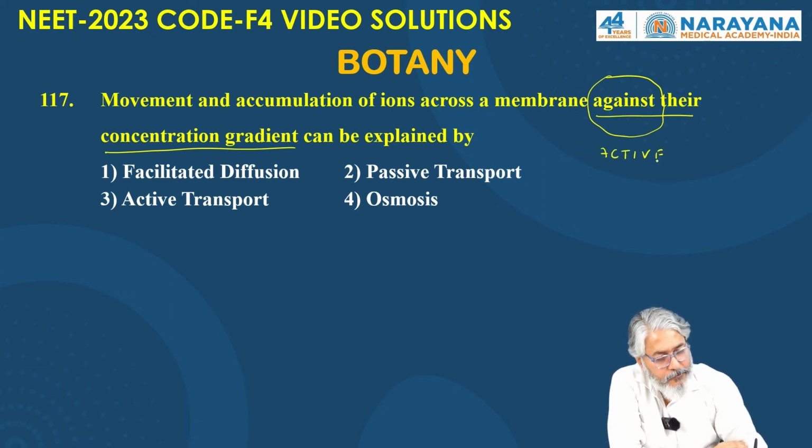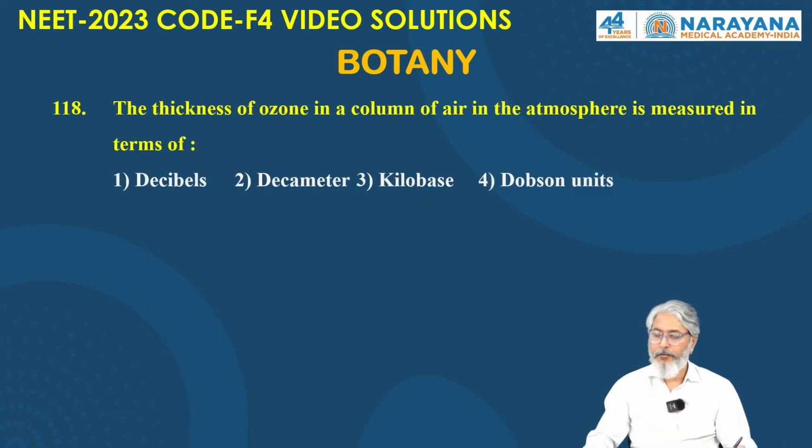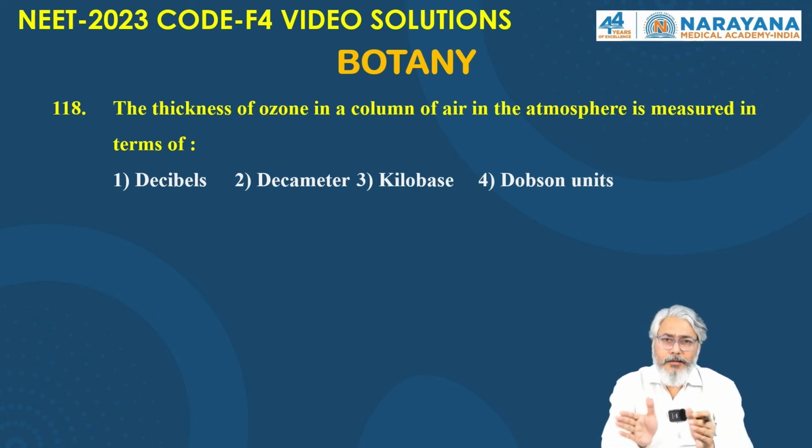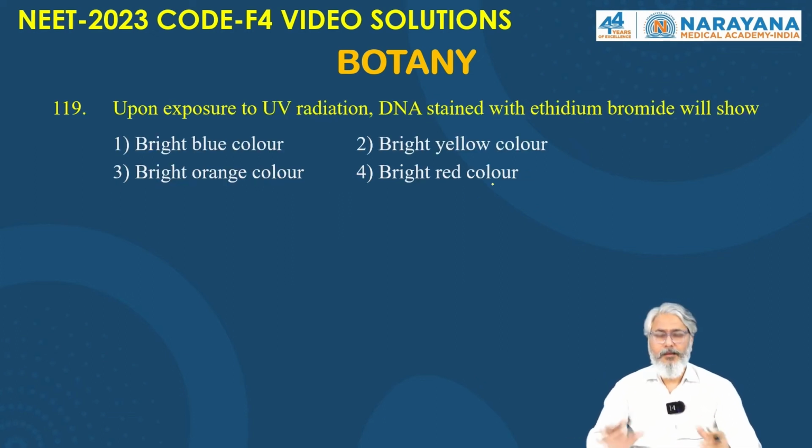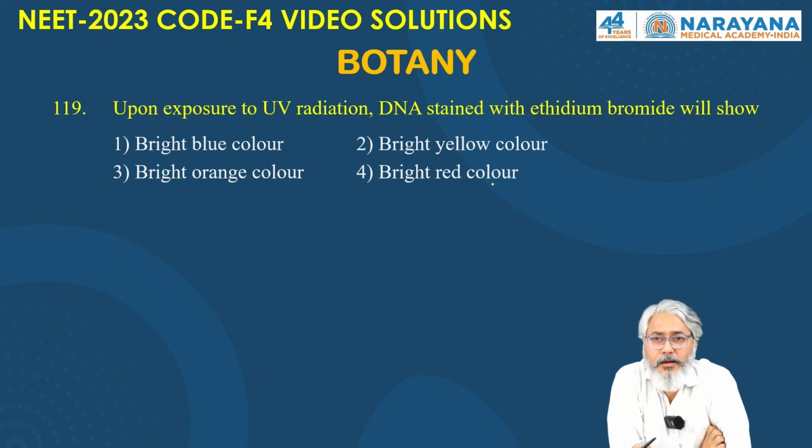So the answer is active transport only. Clear? The thickness of ozone in the column of air in the atmosphere is measured as Dobson units. Clear? So this is again a question from ecology, and this is an information based question.